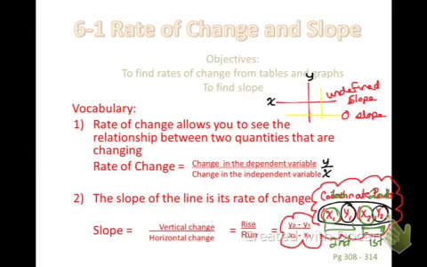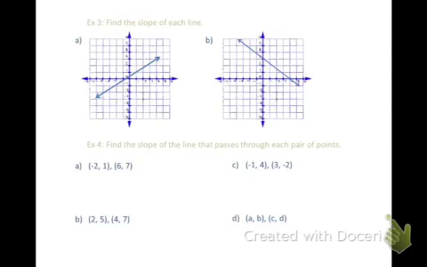So let's try some stuff right now. Okay, on example 3, they give us the points. Oh, nope, they don't give you points. So what you're going to have to do is find points on your graph where the line meets at a whole point.